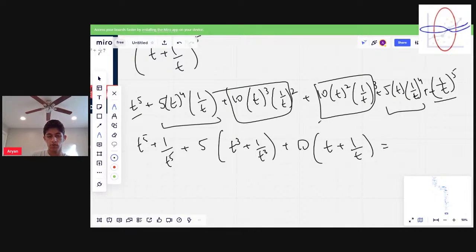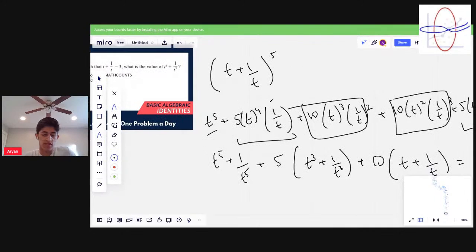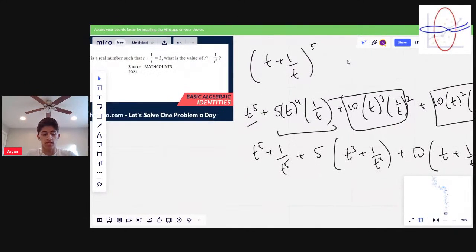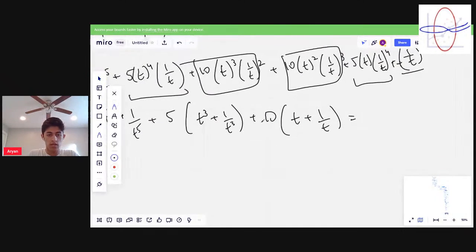And this is going to be equal to what? Well, this is equal to t plus 1 over t, all to the fifth. And we already know what t plus 1 over t is. That is just 3. So you have 3 to the fifth, which is just equal to 243.